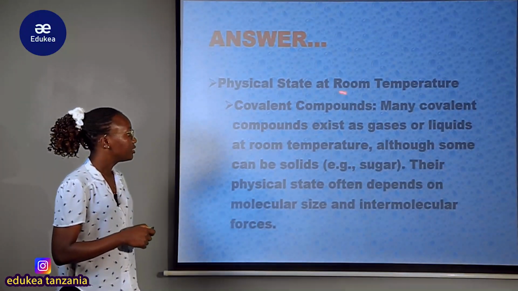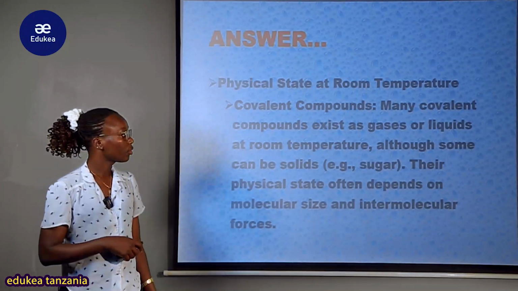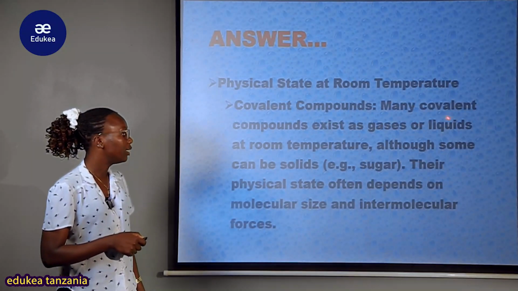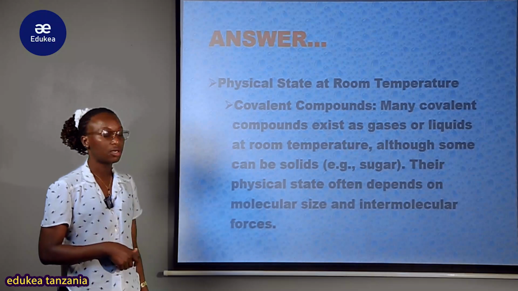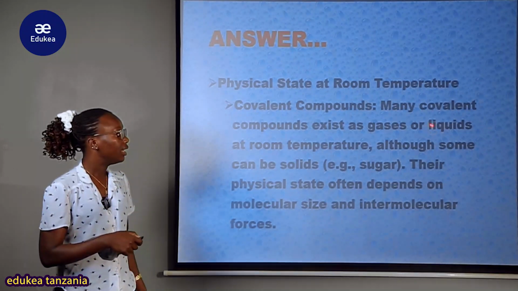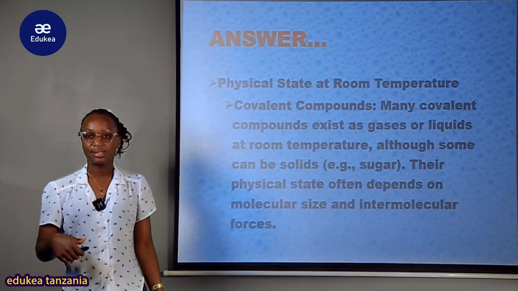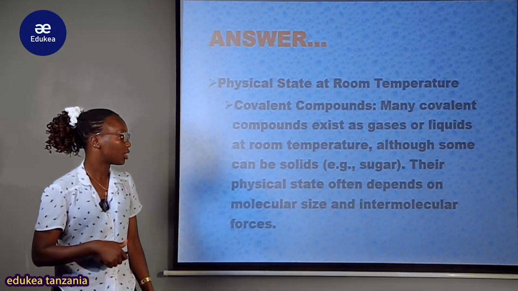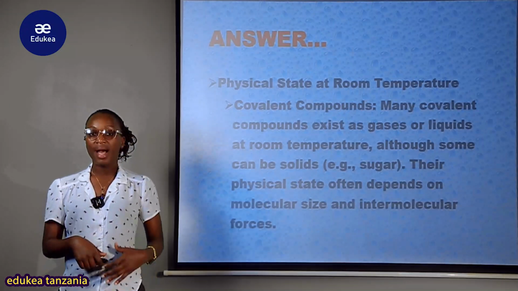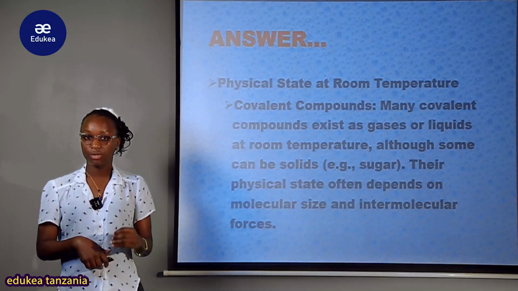Let us start with the covalent compounds. Many covalent compounds exist as gases or liquids at room temperature. Kwamba most of the covalent compounds zina exist as liquids, pia kama gases katika room temperature. Although some can be solid, ingawa baadhi yake zinaweza zikawa ni solid at room temperature.